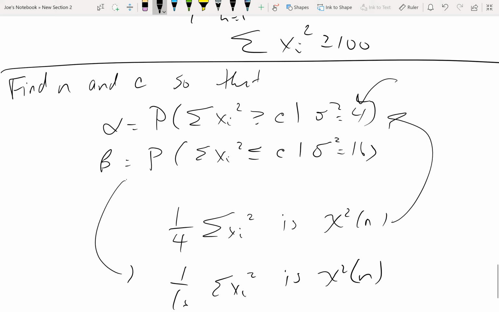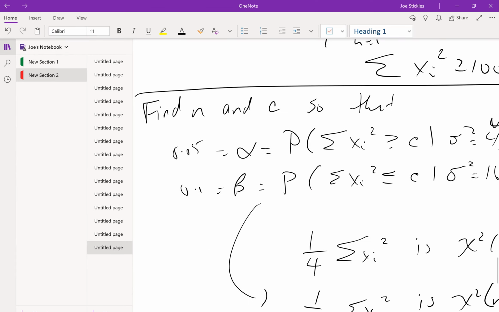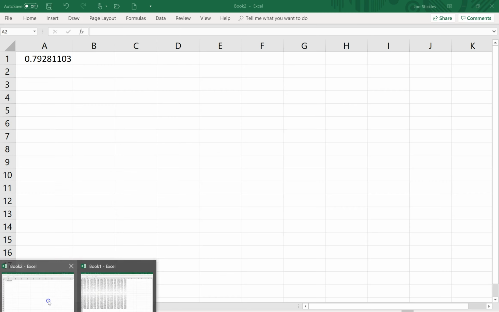So if you were trying to find an alpha and a beta, say you wanted alpha to be 0.05 and your beta to be 0.1, what you could do is kick over to Excel.